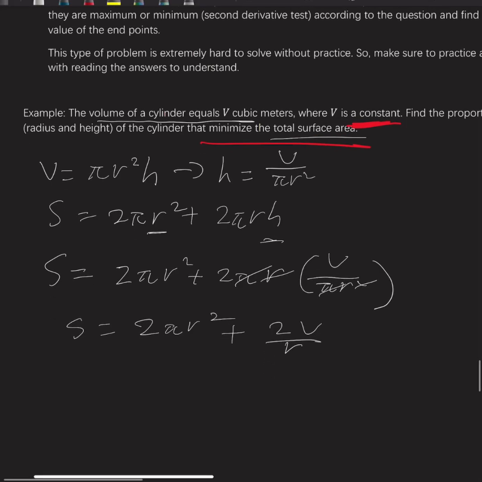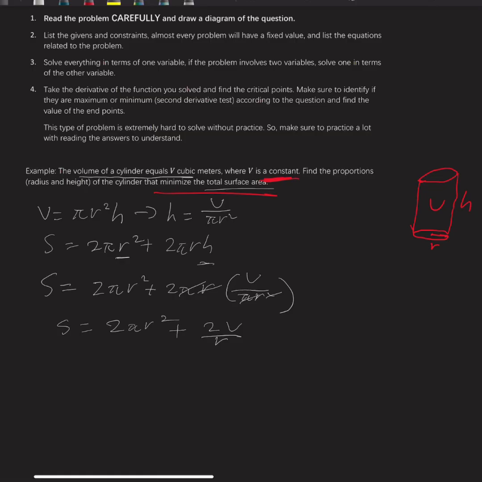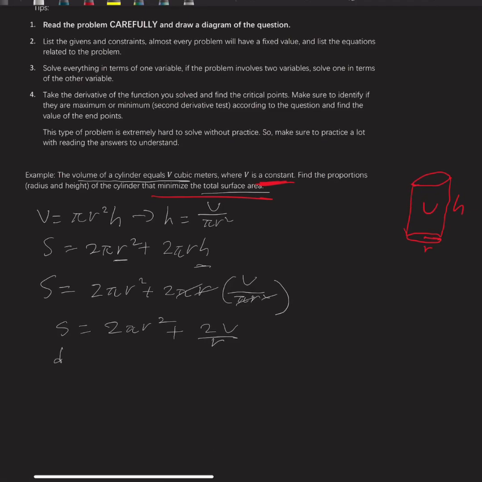Now we can take the derivative of this equation because we need to minimize the total surface area.